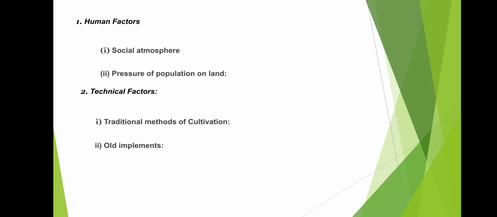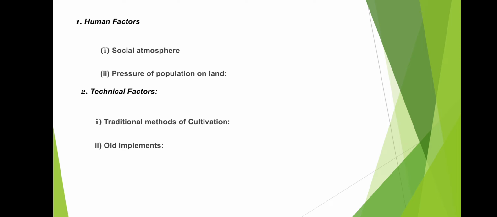The second one is the pressure of population on land. What we find today is that the population in India is growing rapidly, and as a result the pressure of population on agricultural land is also increasing.